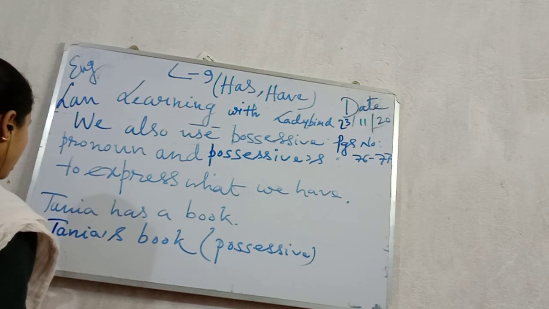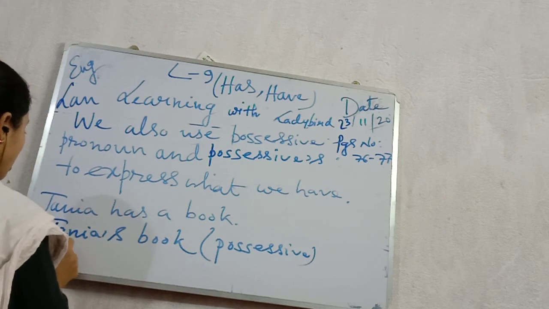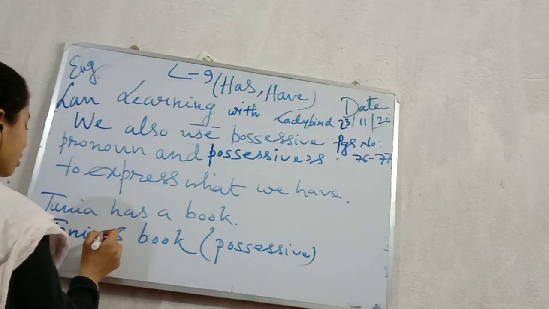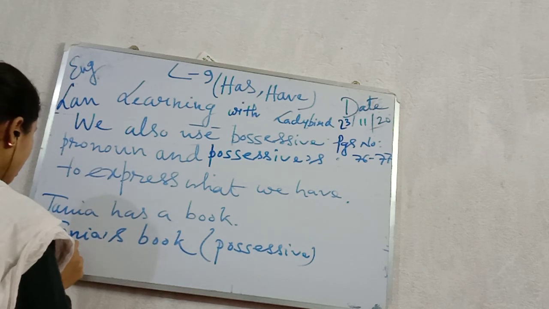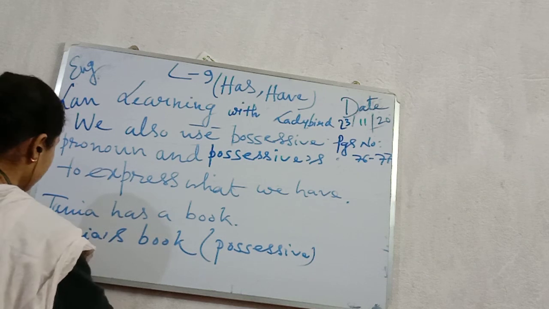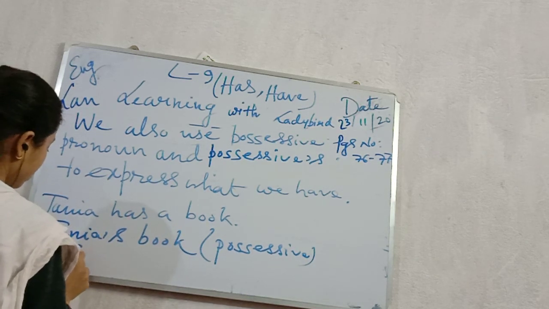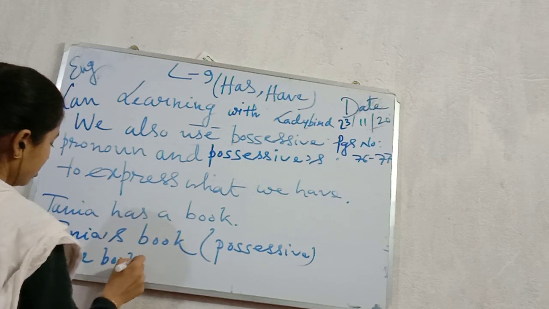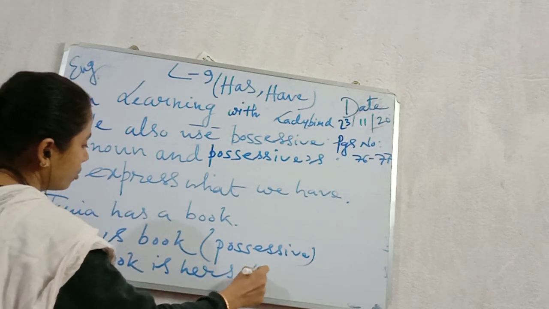Then Tania has a book. Yeah, the book is hers. Possessive pronoun.